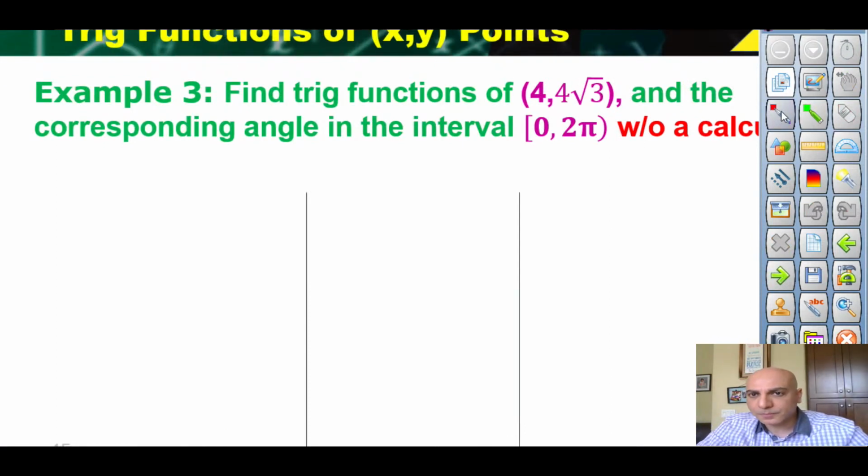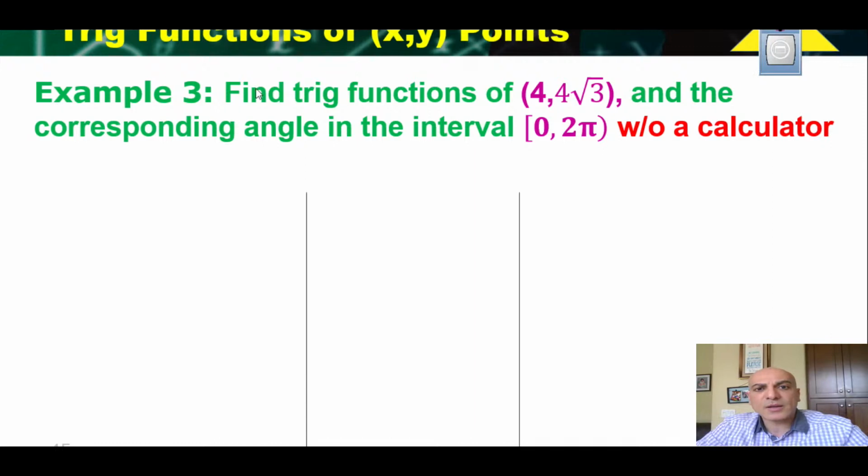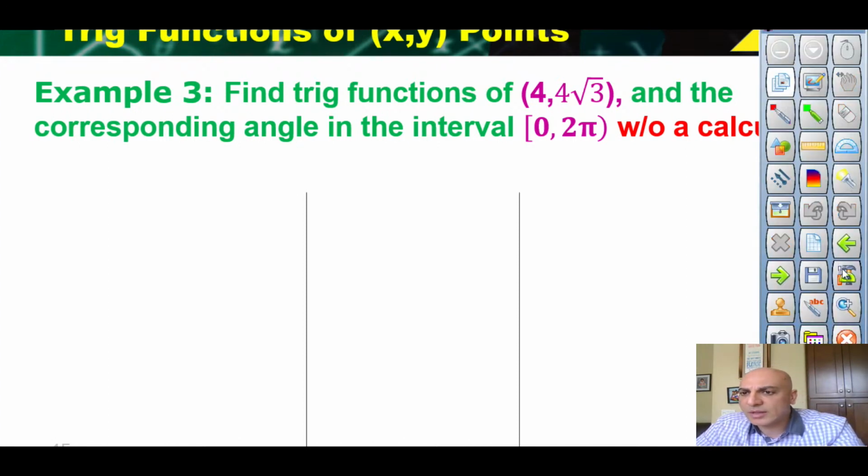Well, here's another one. This example says find the trig functions of 4 square root of 3 and the corresponding angle in the interval 0 to 2 pi. By the way, the last one that we talked about, you gotta reject some stuff.